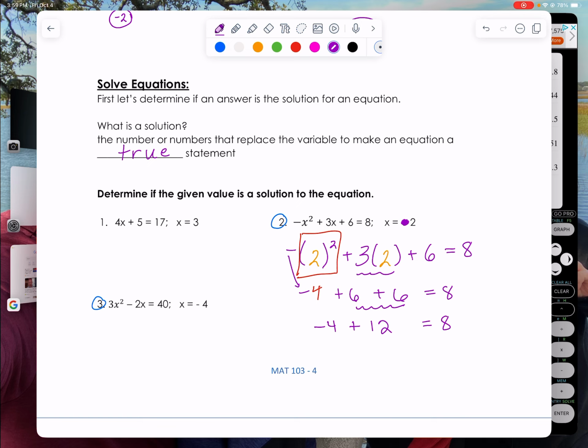So I now have negative 4 plus 12 is 8. Negative 4 plus 12 is 8. So 8 equals 8. So yes, 2 is a solution. All right, let's do one more plug-in and then we'll start solving equations.